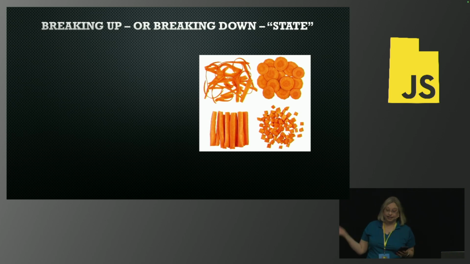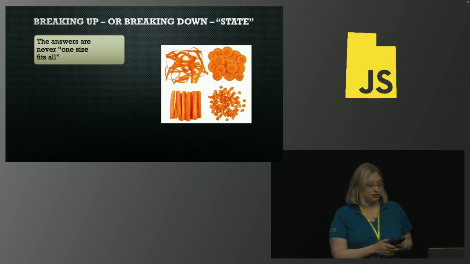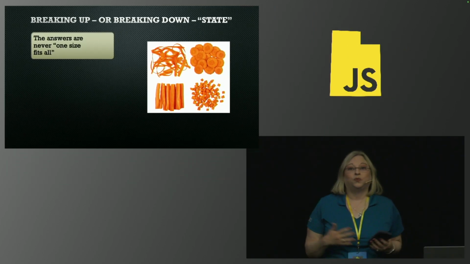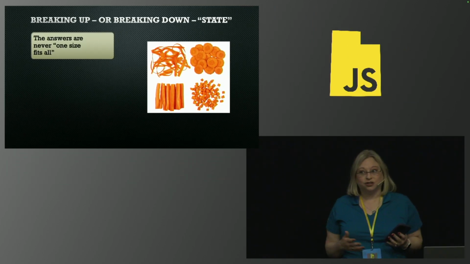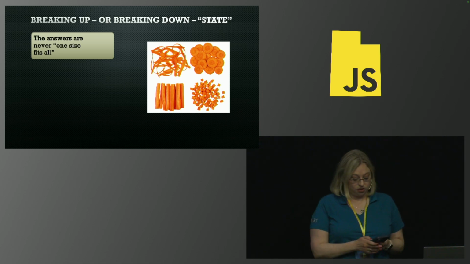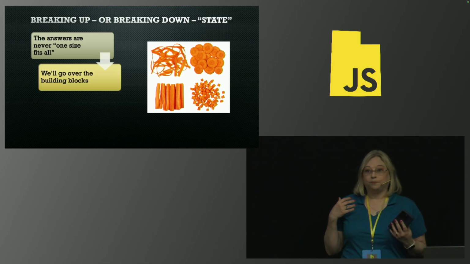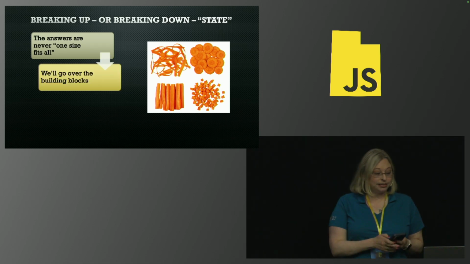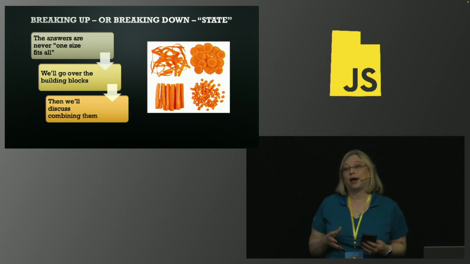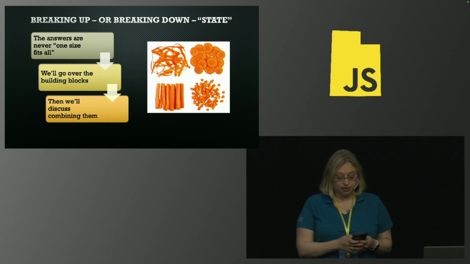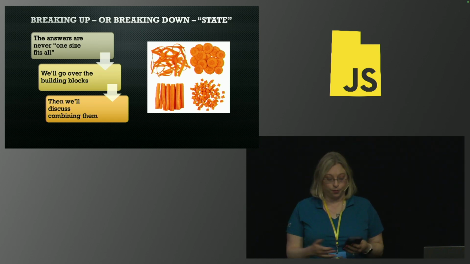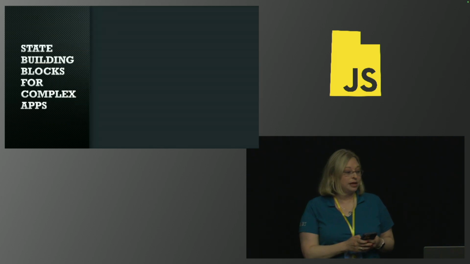You can cut this carrot in many ways, and you can do the same thing with coding. The answers are never one size fits all. So we'll go over the building blocks, and then we'll talk about combining them in a good way to make our complicated problem work well.